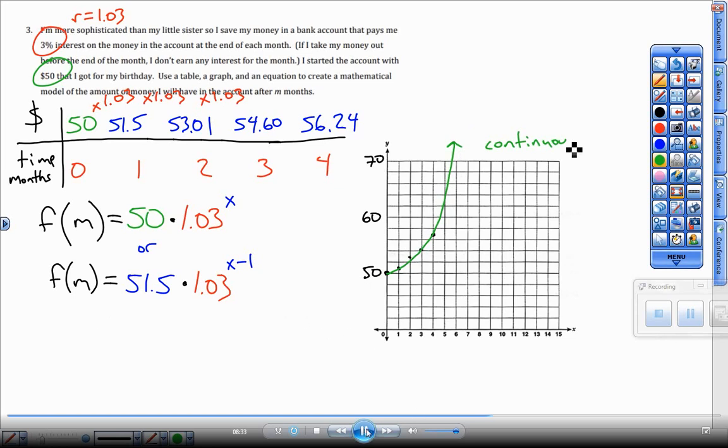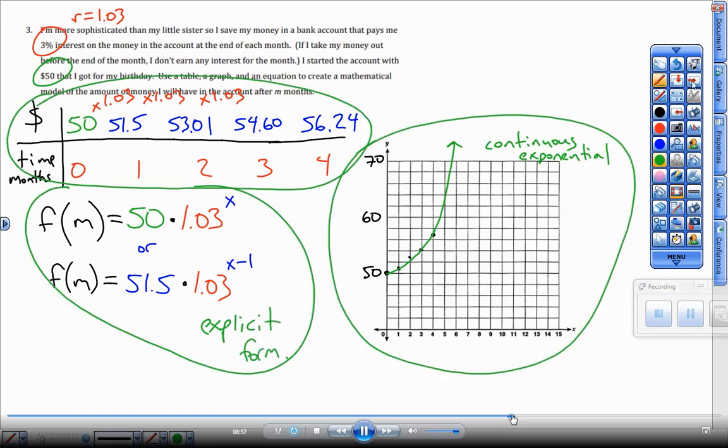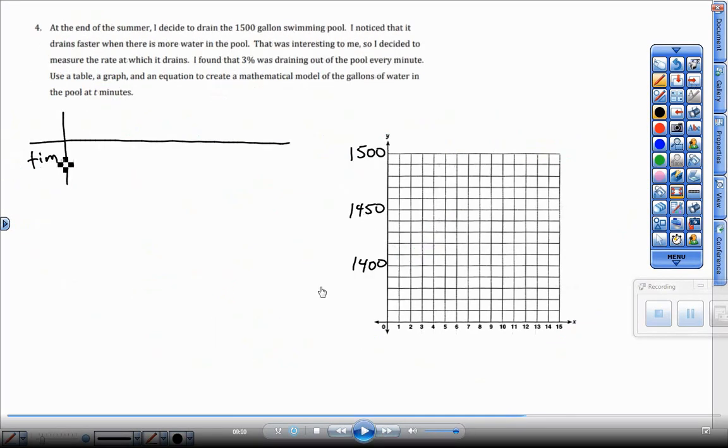Okay, the last problem. Continuous for this one, exponential, explicit form, all those things. Alright, the last one is a little tricky because this one has a pool that's 1500 full of water and it's going down by 3%.